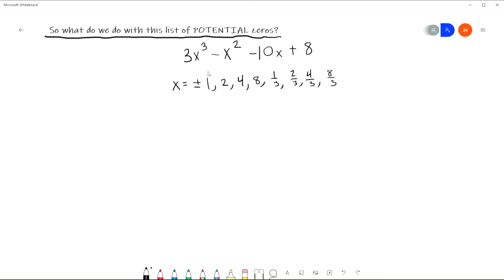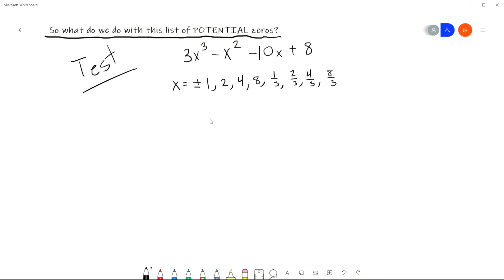So what we need to do now is test the zeros. All right, we're going to test them. How does one test a zero or a potential zero? Well, what is a zero supposed to do to a function? What is the zero of a polynomial, or just the zero of any function?